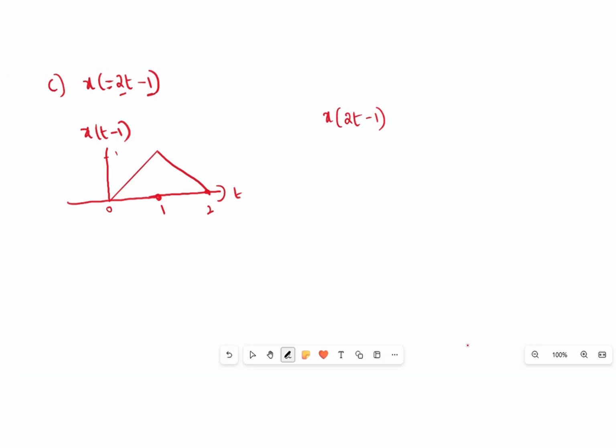You have to scale this x of t minus 1 by the factor 2. So it becomes 2 by 2, becomes 1 by 2 and becomes 0 by 2, that is 0. So the signal is 0, 1 becomes 1 by 2, 2 becomes 2 by 2, that is 1. And the amplitude remains same. So this is x of 2t minus 1.